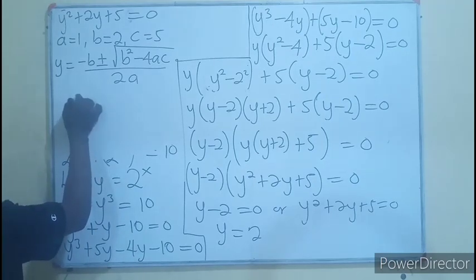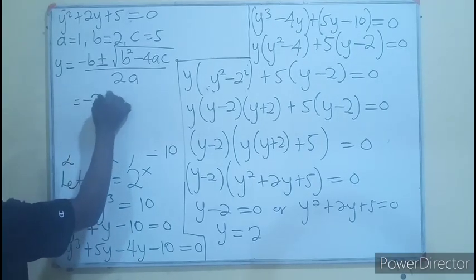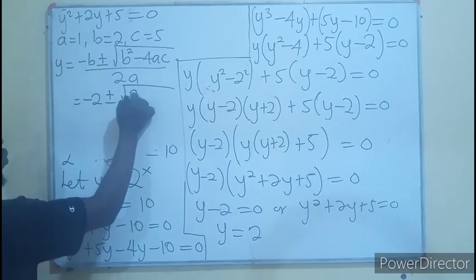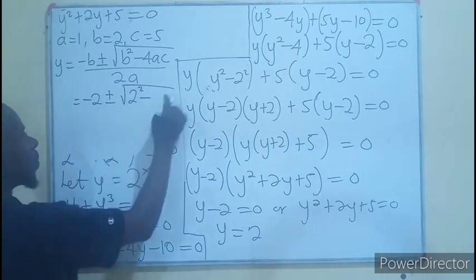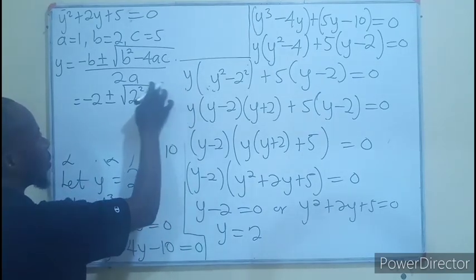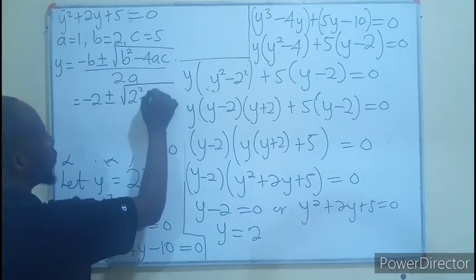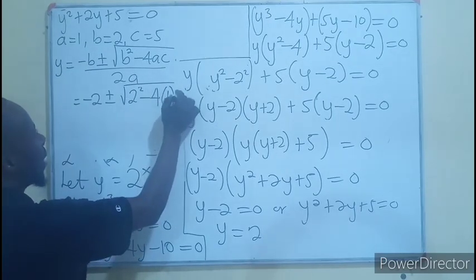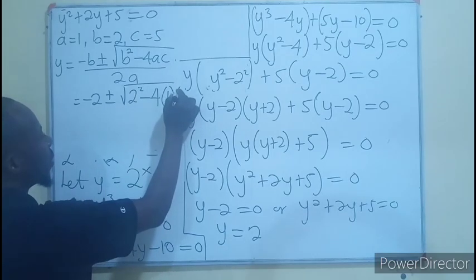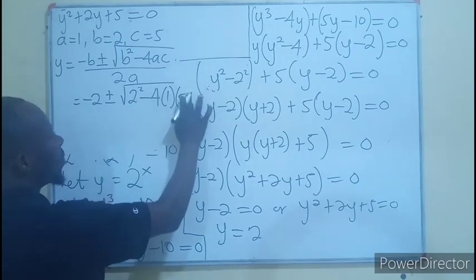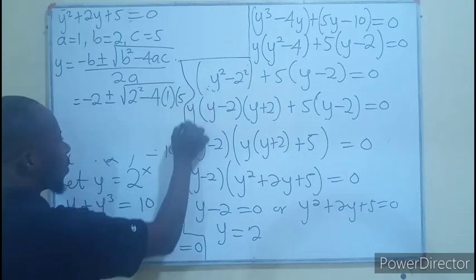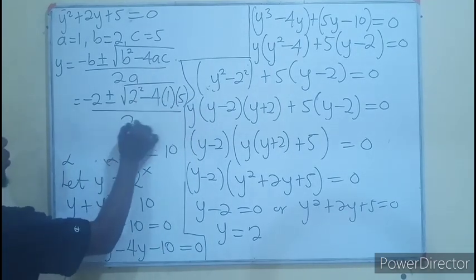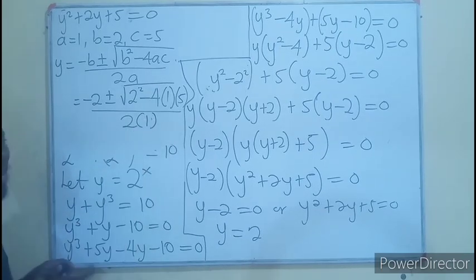So this becomes minus 2 plus or minus the root of b, which is now 2 squared, minus 4 into bracket a, which will be 1 times c, which will be 5. So let me take care of this. Alright. Then all of this divided by 2a, which is 1.